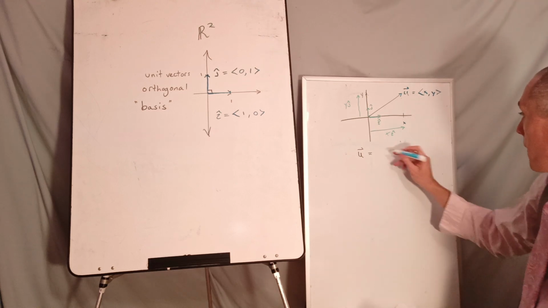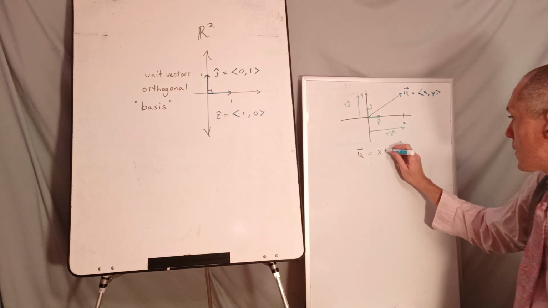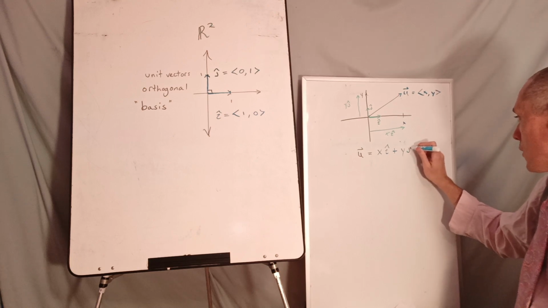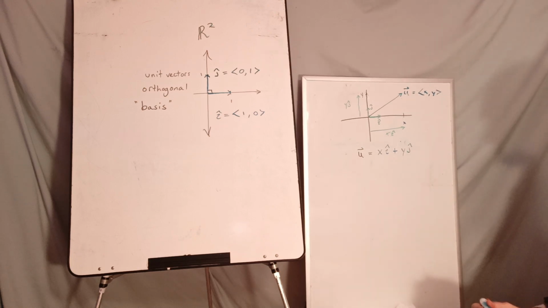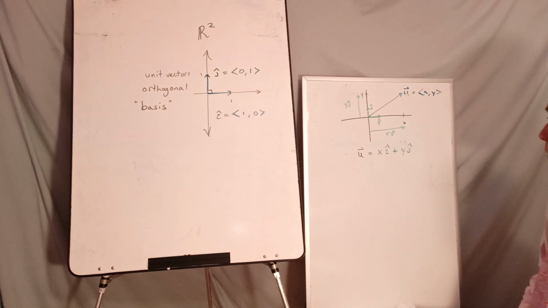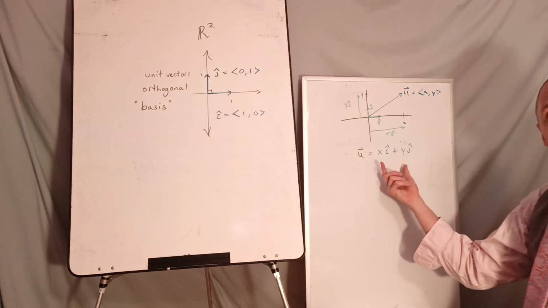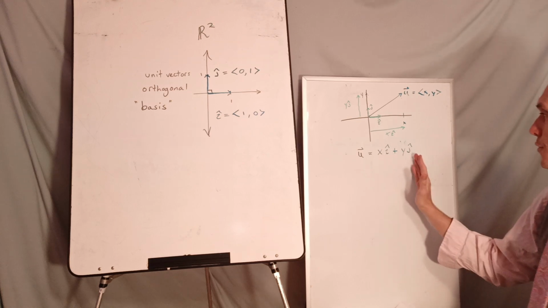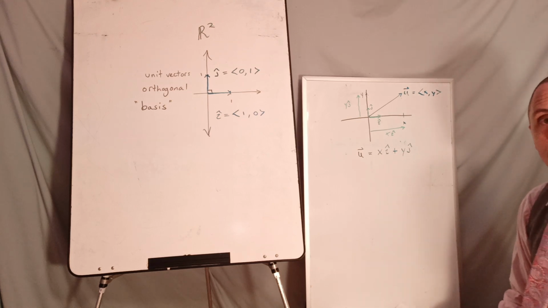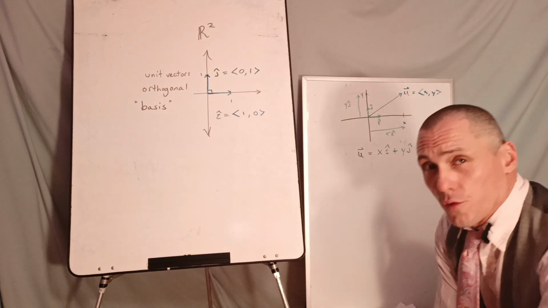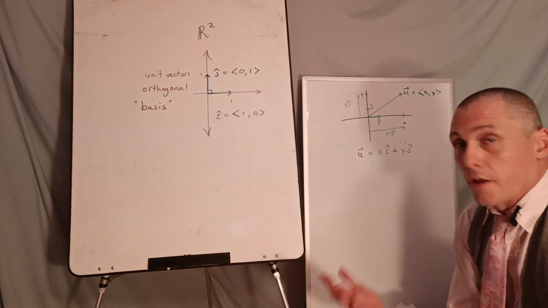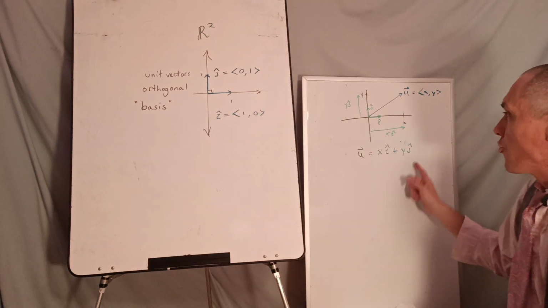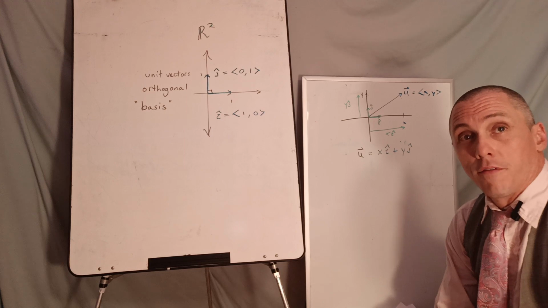So let's write that: x i hat plus y j hat. And now we no longer have a coordinate here. We have instead a sum of two vectors, each of which has been scaled. And because we can take any u in the entire plane, any vector, and write it this way, this is what we mean when we say that i and j form a basis of R2.